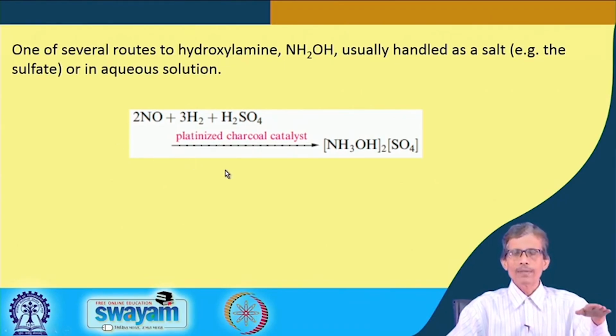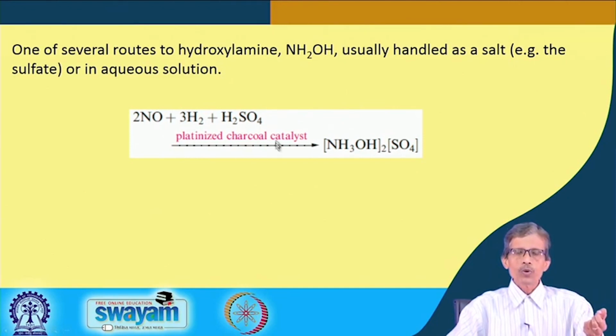Nowadays different types of carbon particles, even carbon nanoparticles, are available in the market, but before that we had simple charcoal powder. On the charcoal bed we have platinum in the metallic form, not any other form, the platinum metal itself.